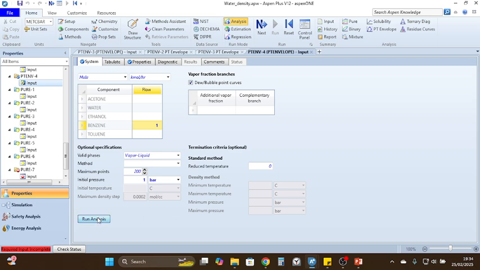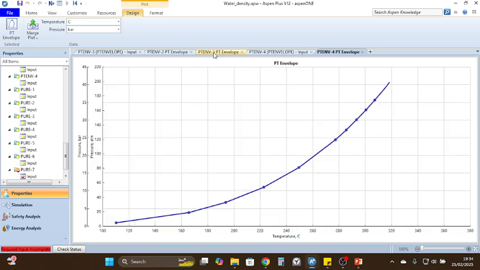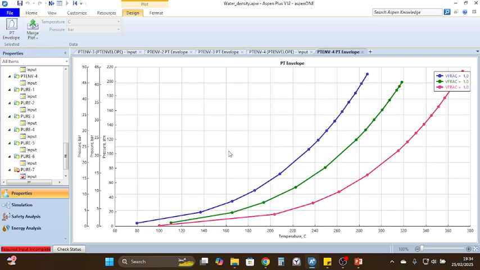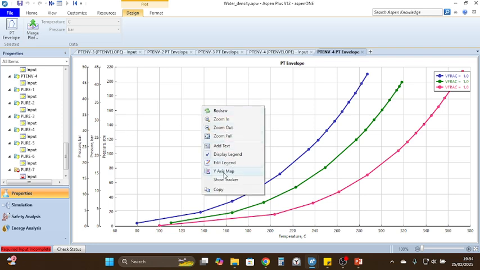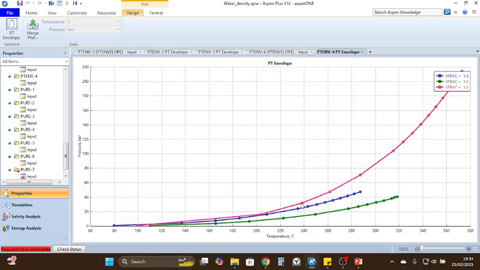I'm running the analysis. This is envelope 4. These two are merged. Now I'm merging it with envelope 4. So three are merged. What we are going to do is plot it on a single y-axis. So this is how you can merge the three graphs.